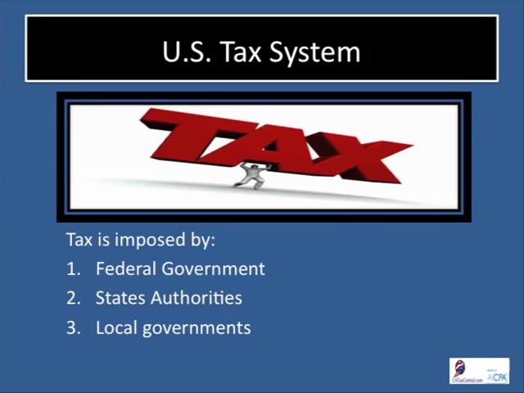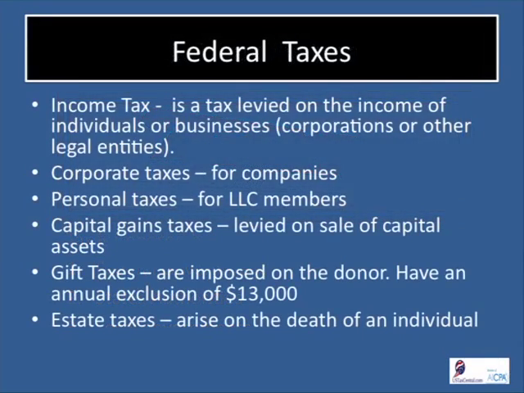Then we also have some other types of taxes that are levied on a local government level. Depending on the structures, on a federal level we have personal taxes, corporate taxes, capital gains, and I did mention a little bit about gift taxes.